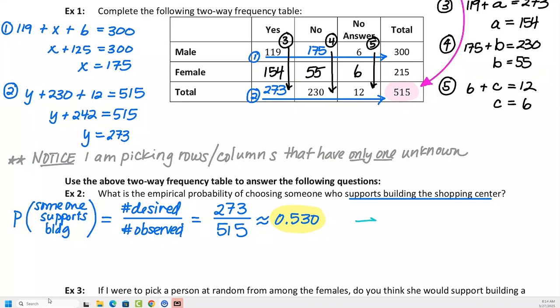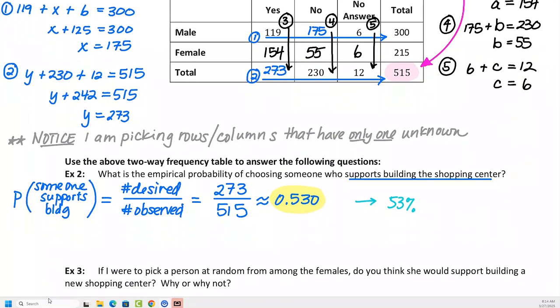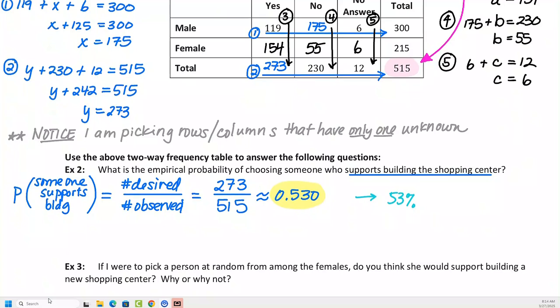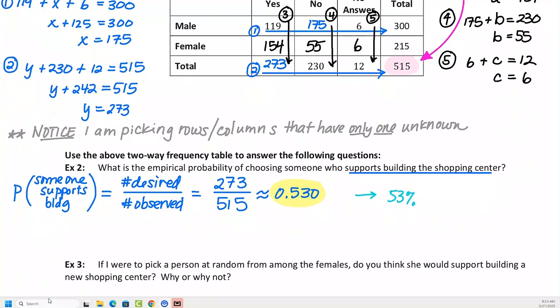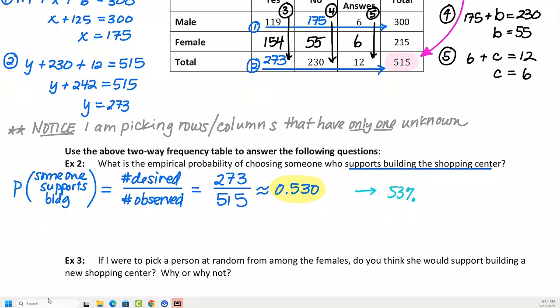Okay, but you guys know that's how many percent? 53%, right? I think we think in percents better, but they like to write their answers in decimal. Okay, so 53% of the people would support building the shopping center.